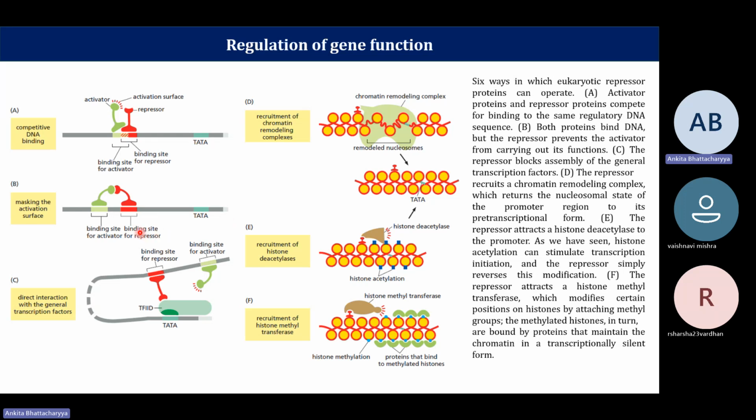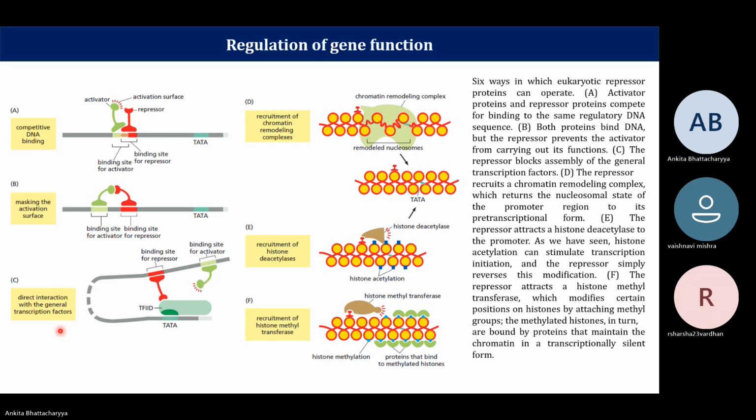And instead, the repressor is quenching the reaction at that point of time because it is pulling away the activation surface and masking it from further use. So this is how activation surface can get masked.